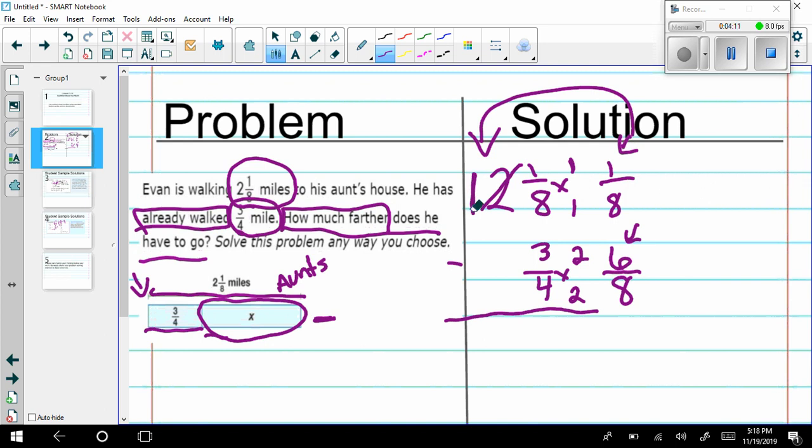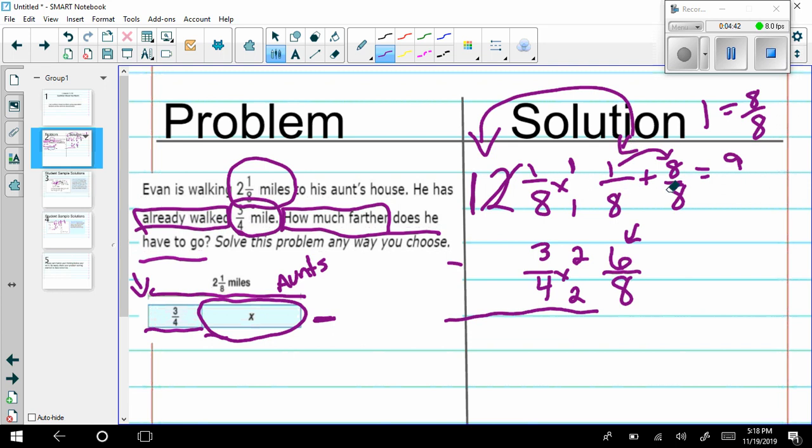I need to remember that 1 whole is equal to 8/8. That is the fraction I'm working with. That is the denominator in the set of fractions that I need to be equal to. So in order to do that, I need to add 8/8 to my top number. 1 plus 8 equals 9.